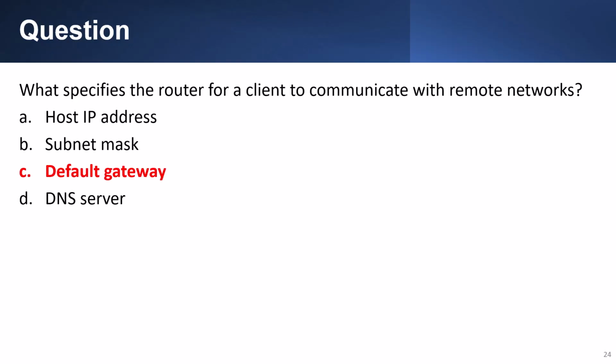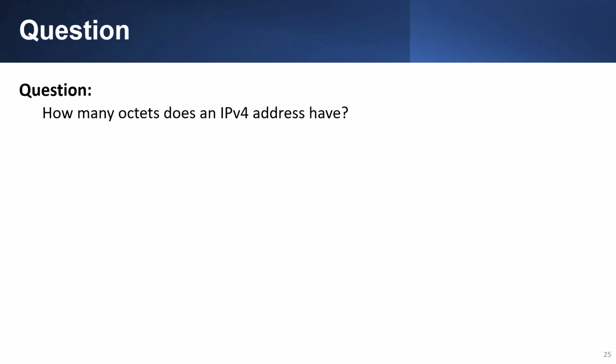Answer: default gateway. Question: how many octets does an IPv4 address have? Answer: 4.